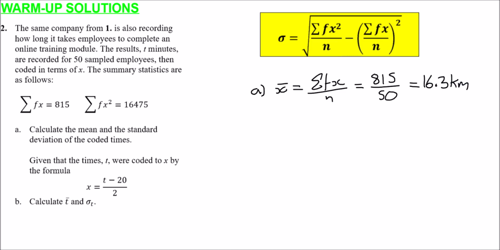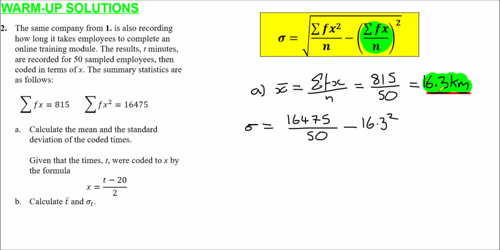And the standard deviation, we just plug the values into this formula because this will give us sigma. So sigma is going to be the square root of the sum of fx squared, so 16,475, all divided by n, which is 50, minus this thing here, which is the mean, all squared. So we're going to subtract 16.3 squared because this here is the mean, which we just worked out earlier.